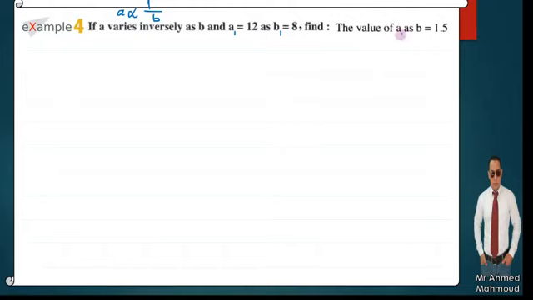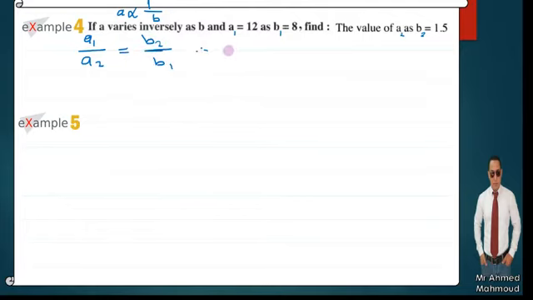Find a2 at b2 equals 1.5. Here I will use the easier rule: a1 over a2 equals b2 over b1.